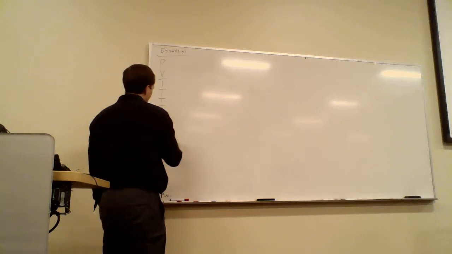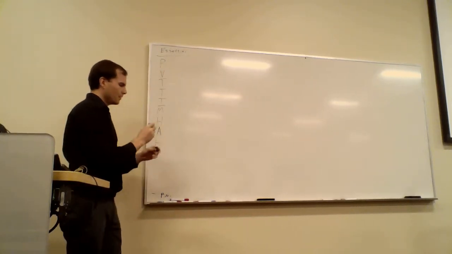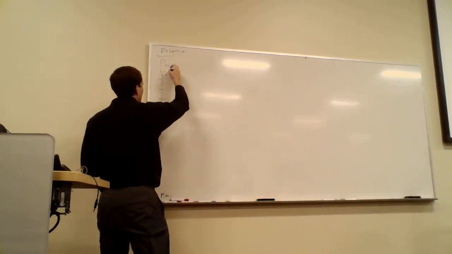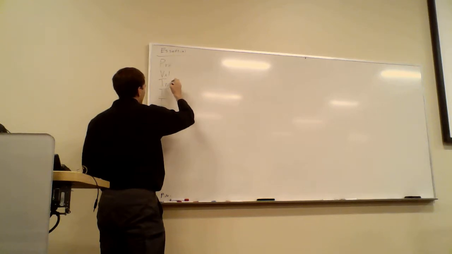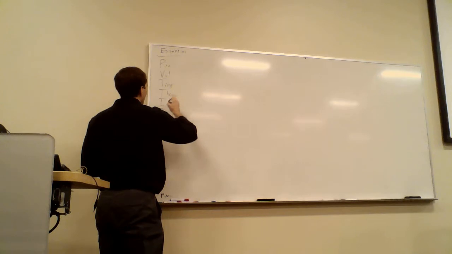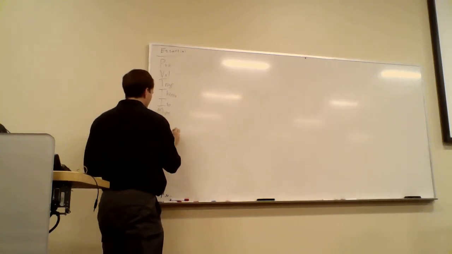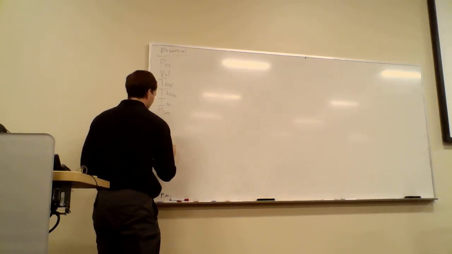So for the P here, we have proline, then we have valine, then we have tryptophan, then we have threonine, then we have isoleucine, methionine, histidine, we have arginine, and then we have lysine and leucine.